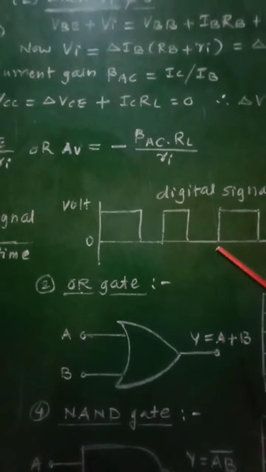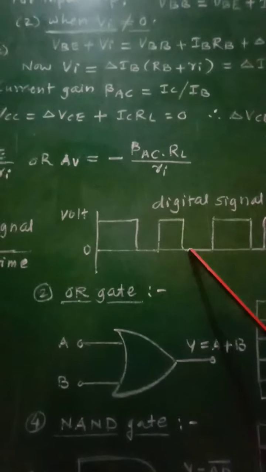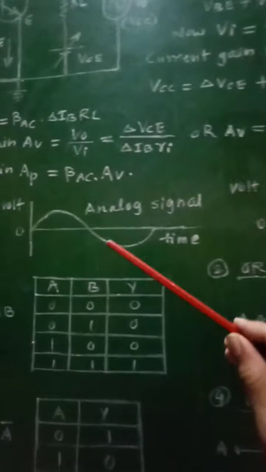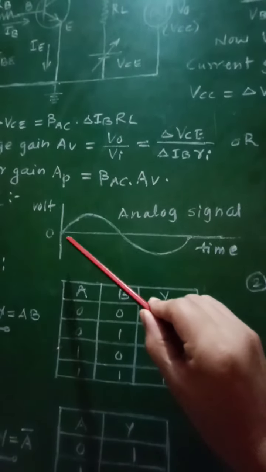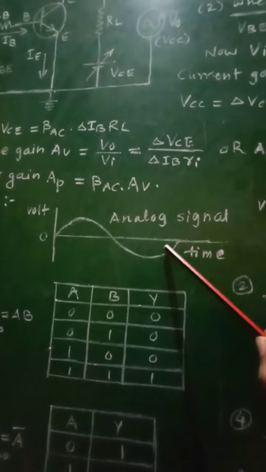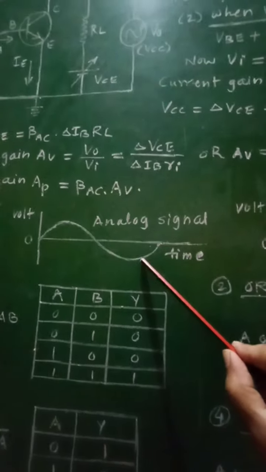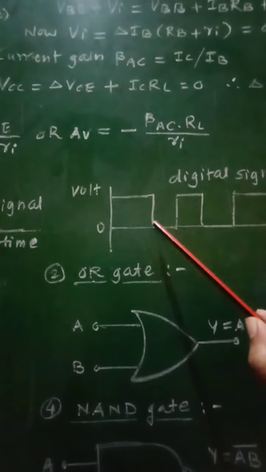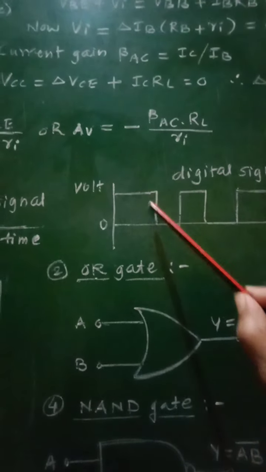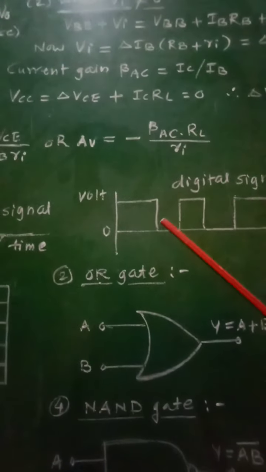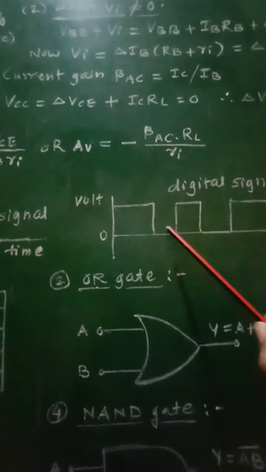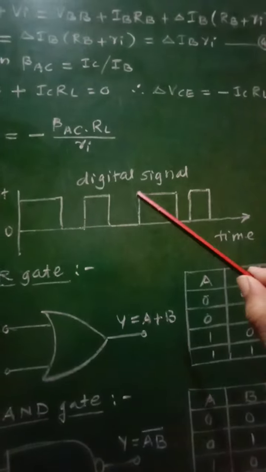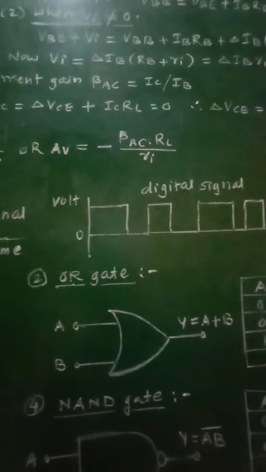For example, this square wave will be considered as a digital signal. So in case of an analog signal, there will be continuous variation in the voltage with respect to time, but in case of a digital signal, only two discrete values, high and low, will be possessed in this variation in the voltage with respect to time, and therefore it is called a digital signal.